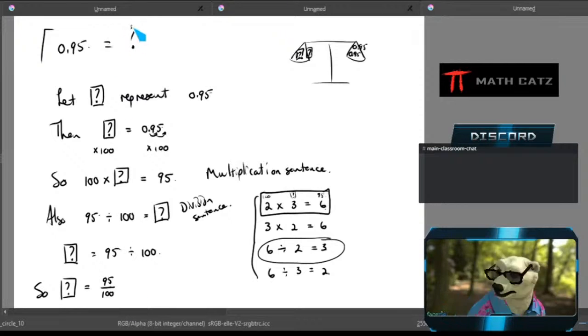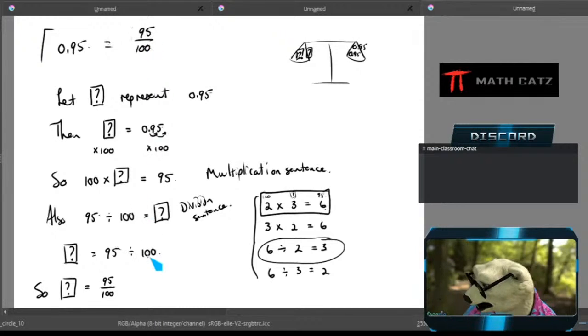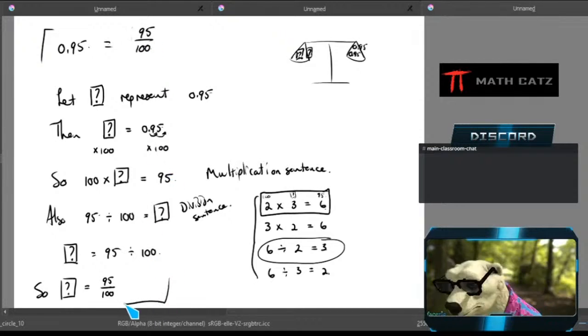So I can go back to the start and say I've now figured out that 0.95 is 95 over 100. Now, of course, we knew that because we had an easy enough fraction to just understand decimal place values. So this was complete overkill. But when it comes to repeating decimals, this is the method.